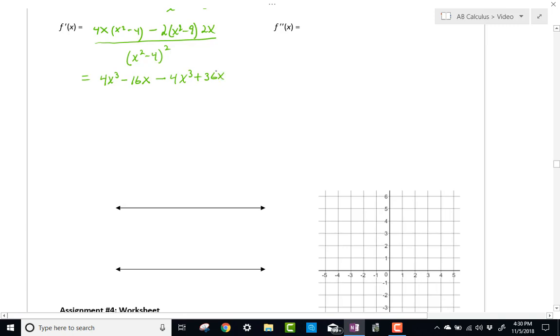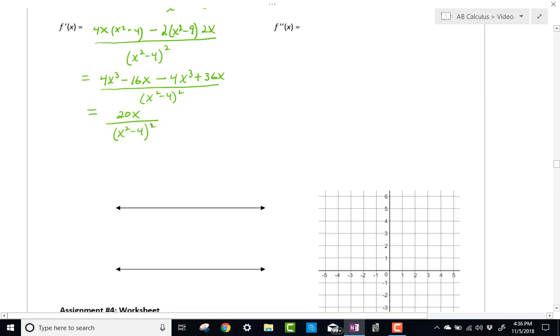So that's my numerator, and my denominator is still x squared minus 4, squared. Cleaning up the numerator, the 4x cubes cancel, and negative 16x plus 36x is 20x. My denominator is x squared minus 4, squared.